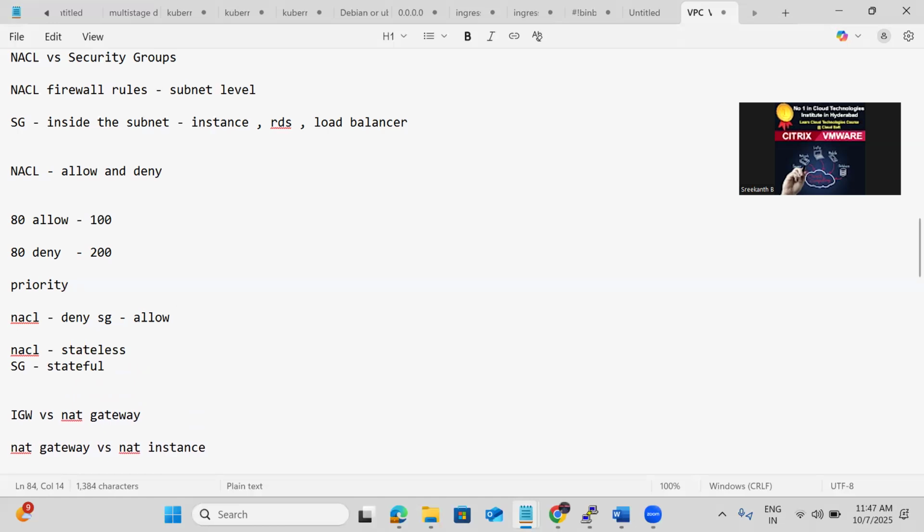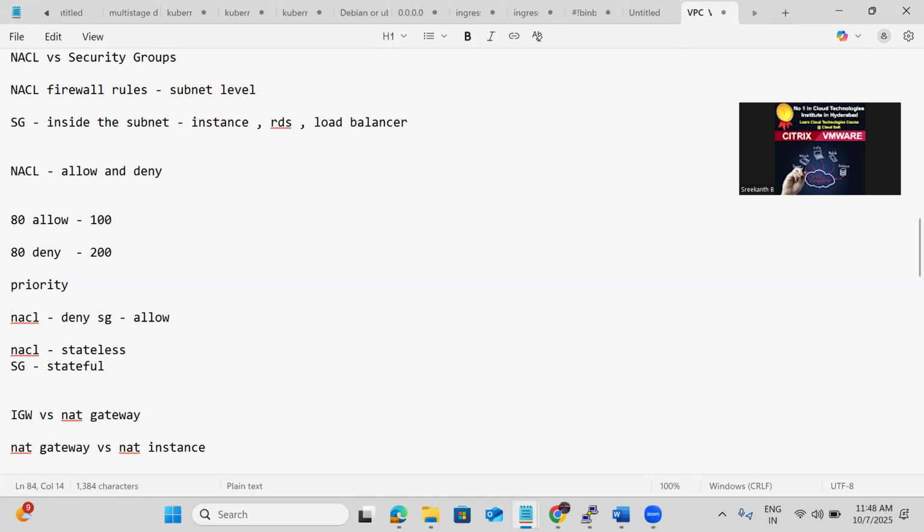In a security group, if I add an inbound rule, automatically that rule is added in outbound also. But in the NACL, if I add it in the inbound rule, I also need to specifically add that rule in the outbound rule. So that is stateful.